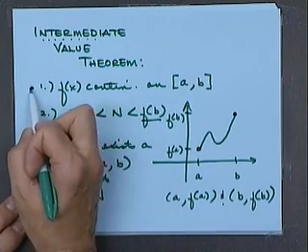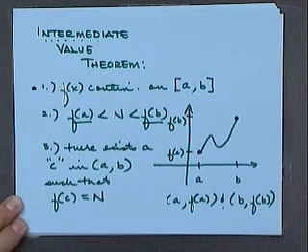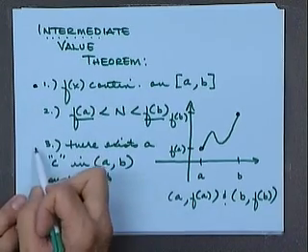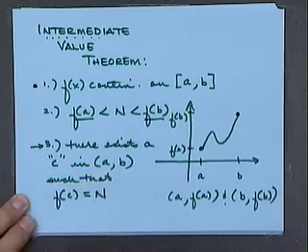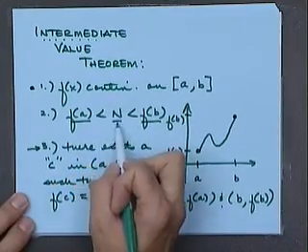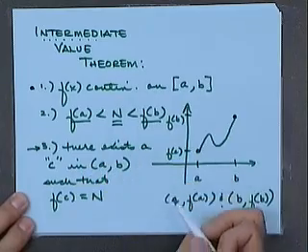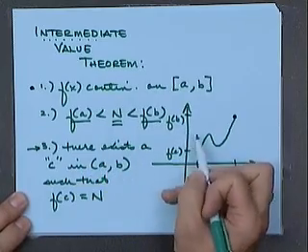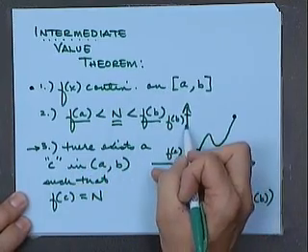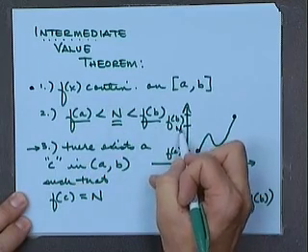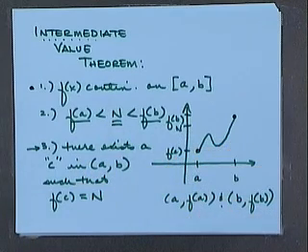So first thing to do, check out and make sure the function itself is continuous. If it's not continuous, we cannot draw this conclusion. We're dealing with a value N that's somewhere between the two endpoints. So here, let's say n is right here. I'm just going to pick an n value, somewhere between the f of a and the f of b. There's n.